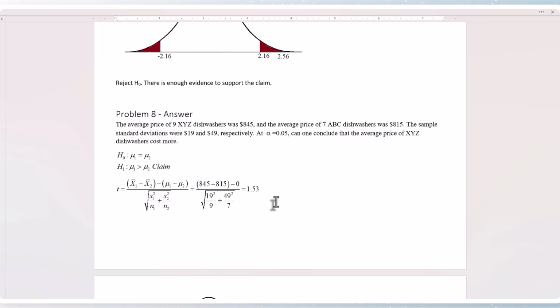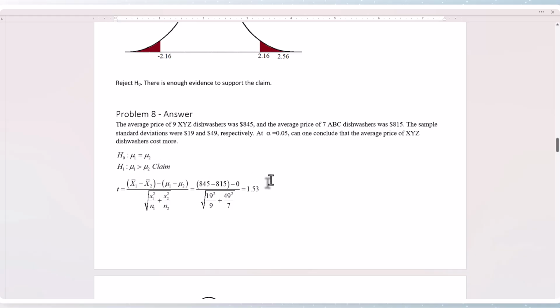At alpha 0.05, can one conclude that the average price of the XYZ dishwashers cost more? Once again, we're comparing two means. We're saying that the average of the XYZ cost is greater than that of the ABC cost. Mu1 is greater than mu2, that's our claim. That's H sub 1. H naught is that the two means are equal.